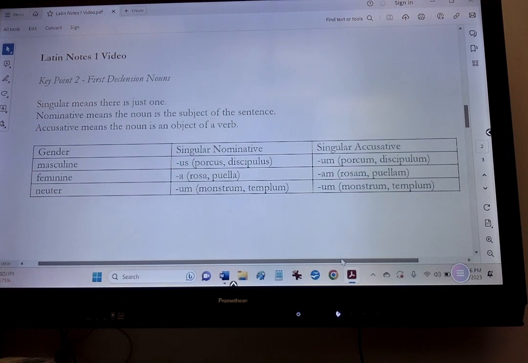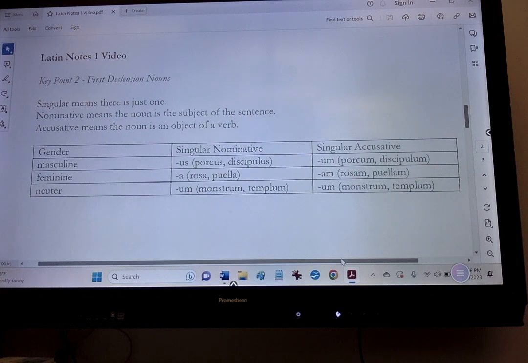The chart that's on this page that you can see there, breaking these endings down between masculine, feminine, and neuter, singular nominative and singular accusative, needs to be in your notes. You need to memorize this. Masculine singular nominative ends with us. Singular accusative ends with um.